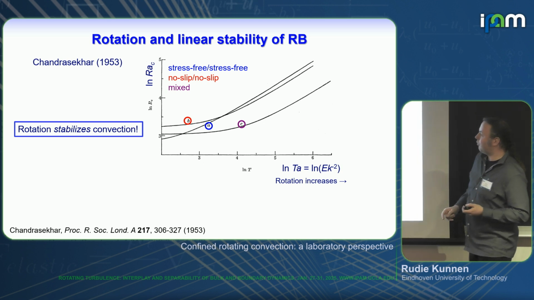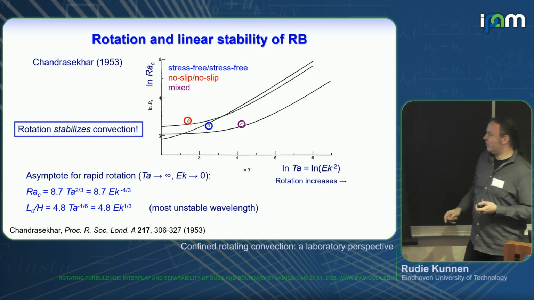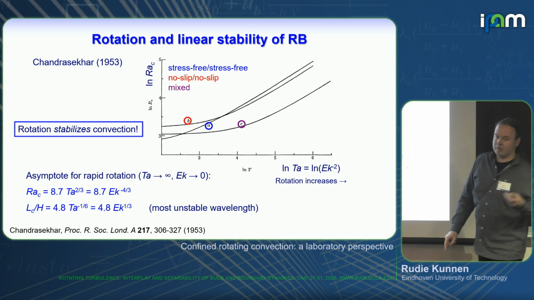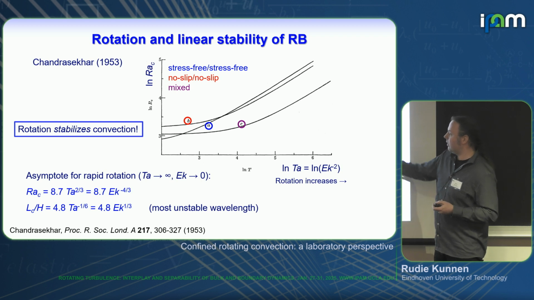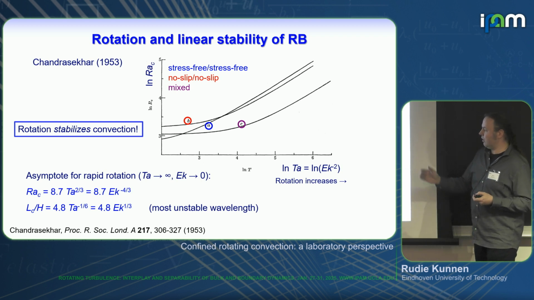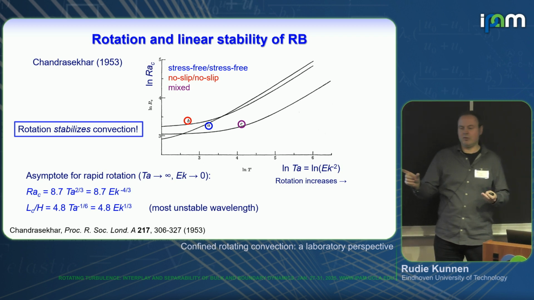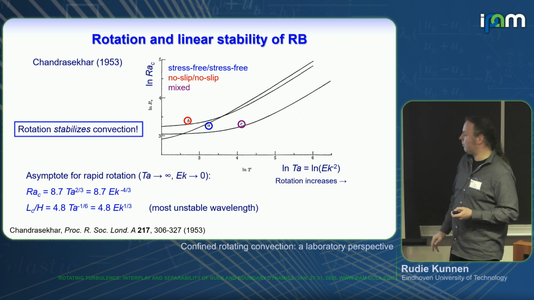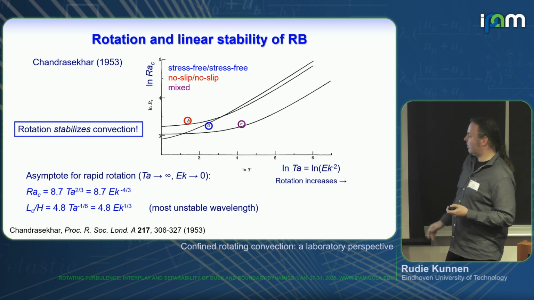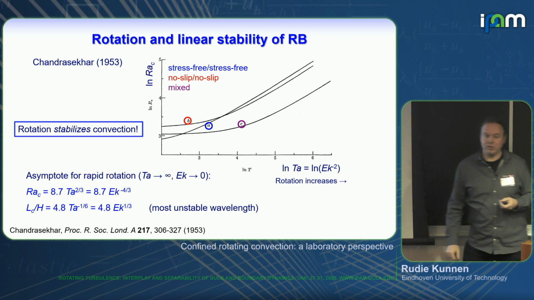And from this analysis, there are these asymptotic relations that John already introduced. So critical Rayleigh number goes up, and the critical length scale of convective onset will actually shrink. And these were the theoretical predictions.